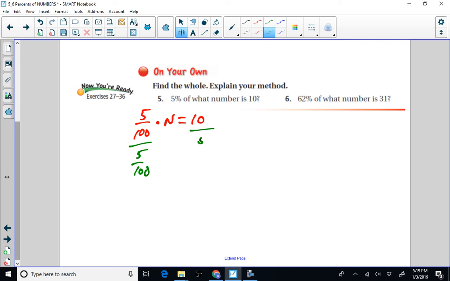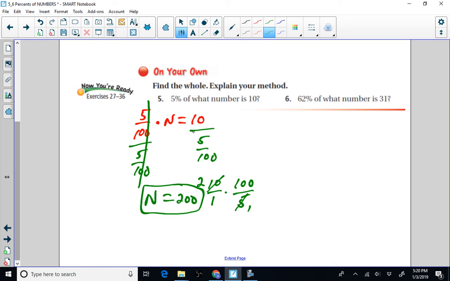These cancel. That becomes 1n, and I write 1n that way. 10 divided by 5 over 100 becomes 10 over 1 times 100 over 5. I can divide out. That becomes 1 and 2. 2 times 100, we get 200. So 5% of what number is 10? That number would be 200.